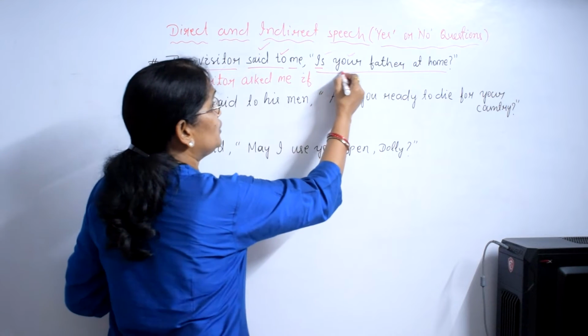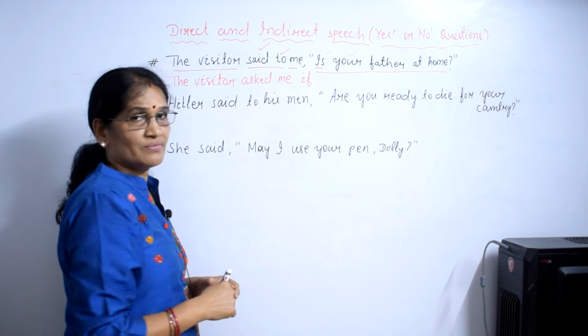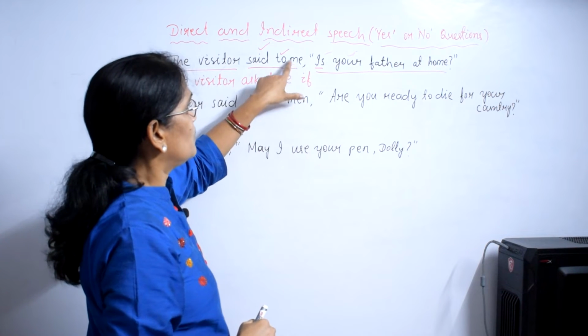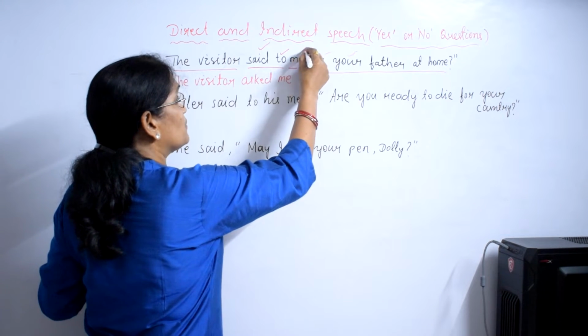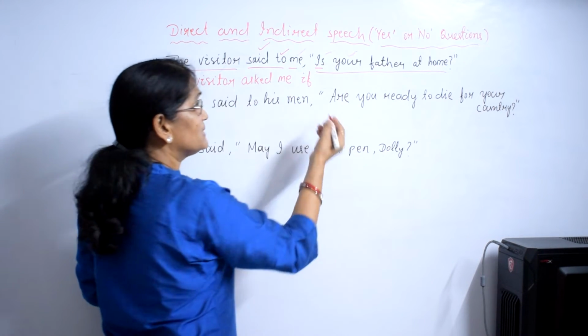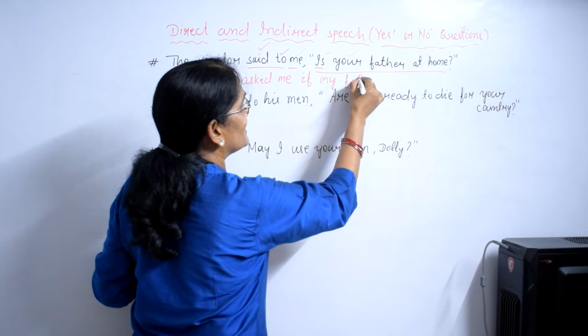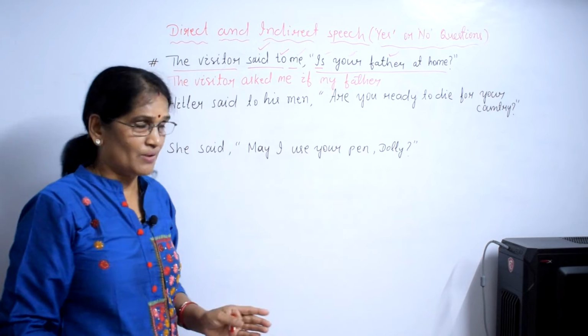So here, your father. Your is one possessive pronoun, right? So possessive pronoun here means object, right? So the possessive pronoun of me is what? My father. Father is third person, will not be changed, and it is one noun, not a pronoun.